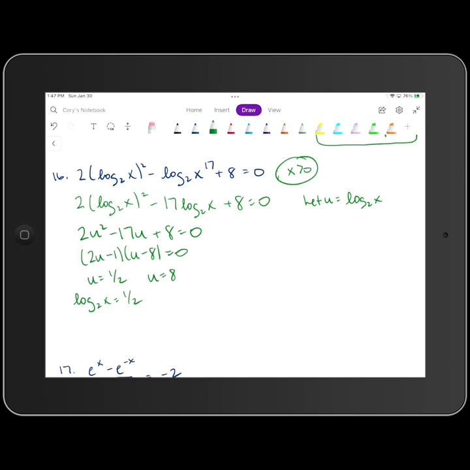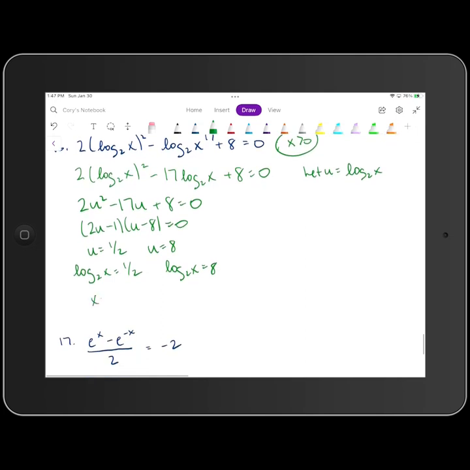So the log base 2 of x is equal to 1/2, or the log base 2 of x is equal to 8, which means our solutions here are x is equal to 2 to the 1/2 power, which is rad 2, and our other solution is x is equal to 2 to the 8th power, which is 256.